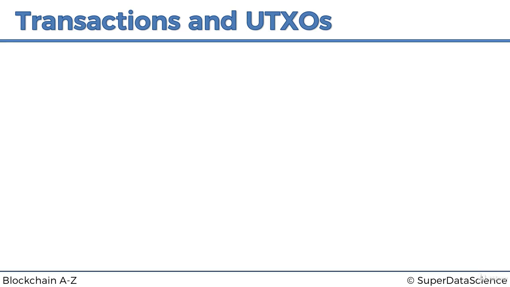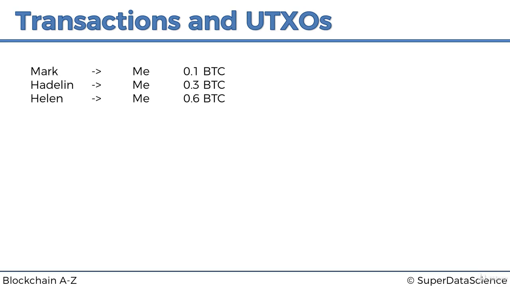For now, let's imagine that we start off with some transactions. After I started using Bitcoin, I received the following transactions. Mark sent me 0.1 Bitcoin, Adlan sent me 0.3 Bitcoin, Ellen sent me 0.6 Bitcoin, and Susan sent me 0.7 Bitcoin.